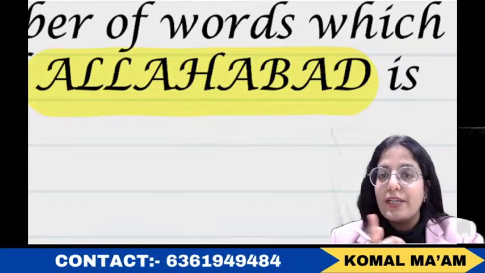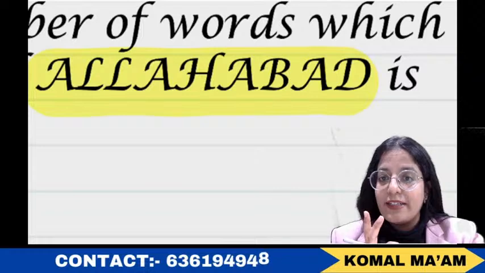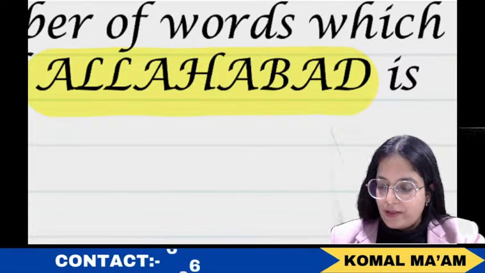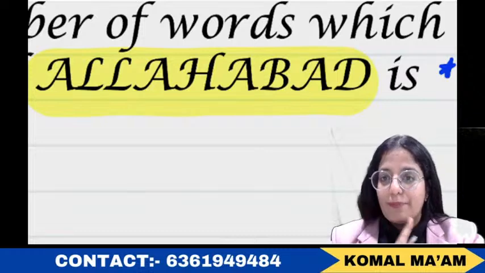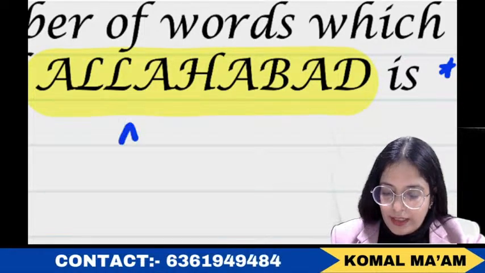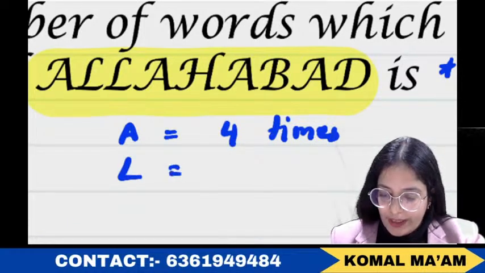A is coming how many times? 4 times, and L is coming how many times? 2 times. So there is a repetition, so just put a star. Which letter is repeating? A is coming 4 times and L is coming 2 times.